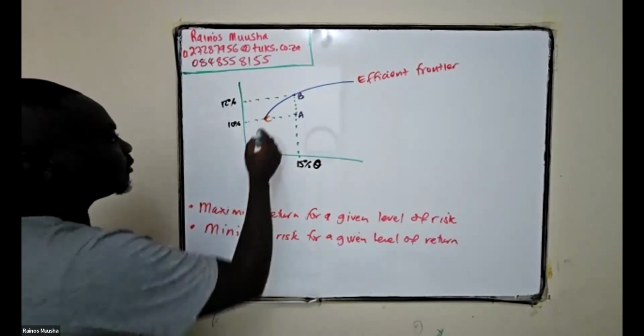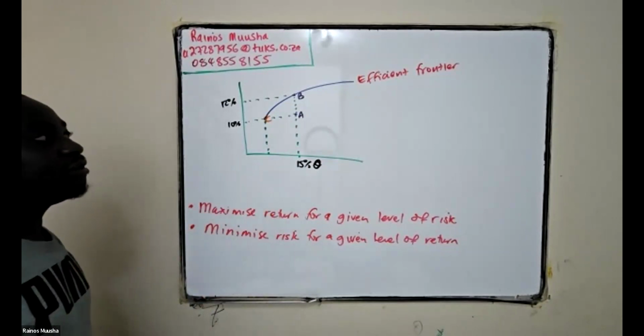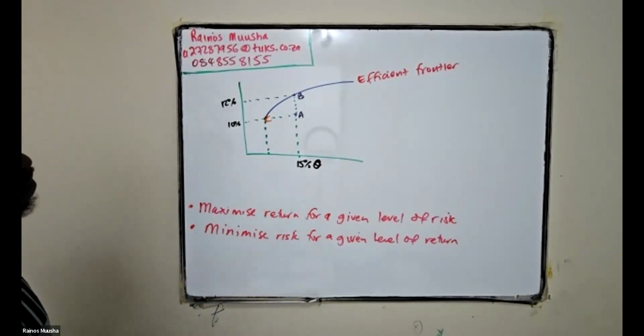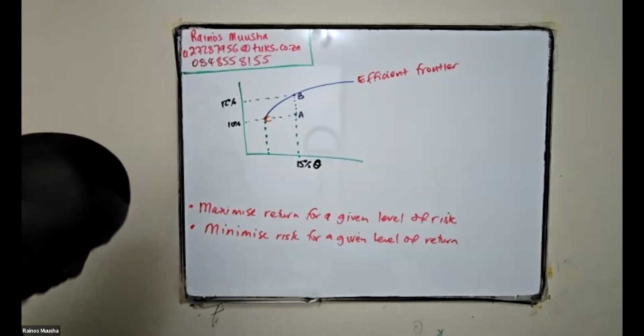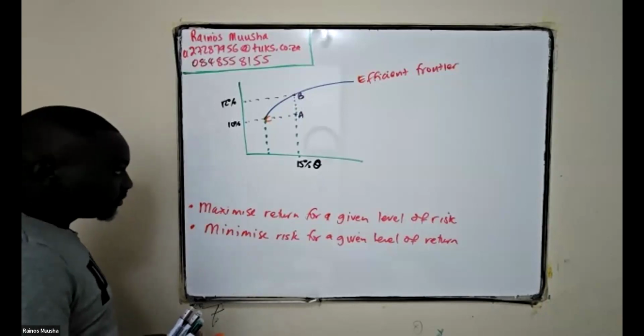Which of the two investments would you choose to invest in between investment C and investment A? Investment A.